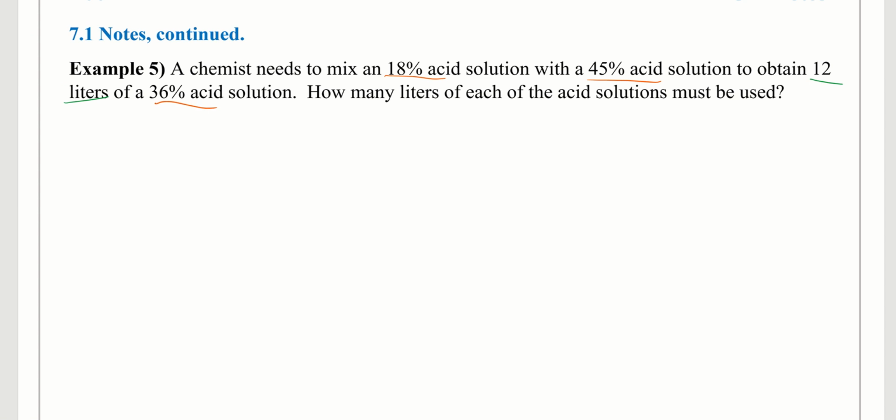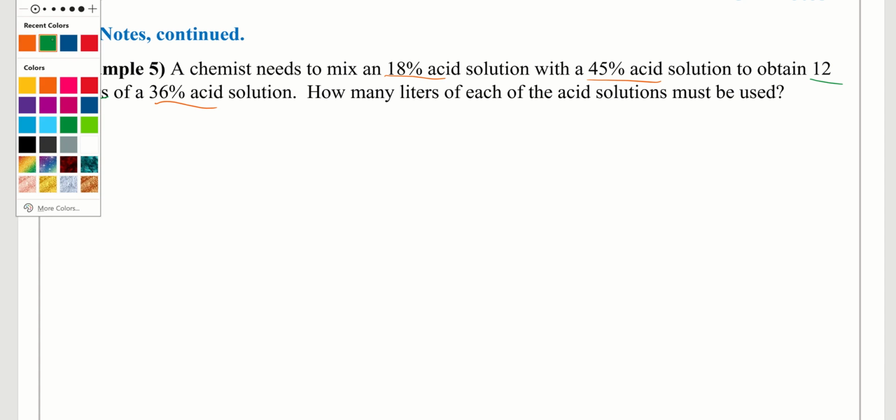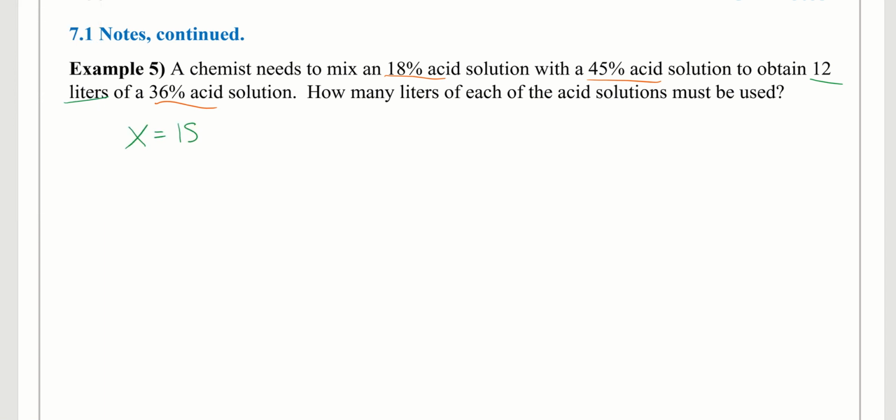So I know my total is going to be 12 liters. I know that they don't tell me how much of the 18% or 45% acid I'm mixing in. So I get to make it up. So I'm going to say X is equal to the 18% solution, and Y is equal to the 45% solution.